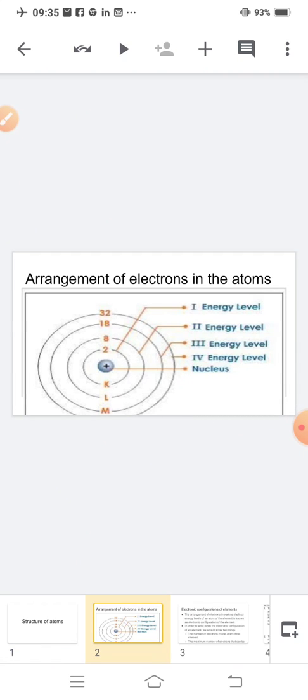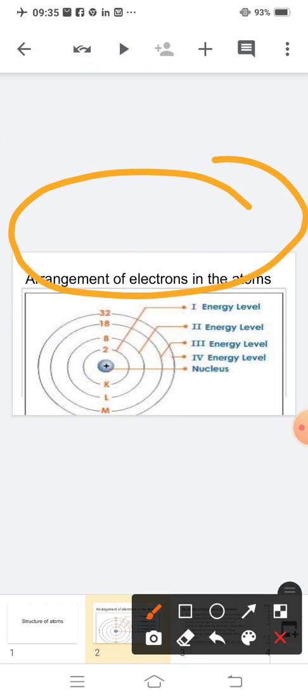So now let us start with today's topic. Today's topic is arrangement of electrons in the atoms. As we all know that electrons are negatively charged. So, the cloud of negative charge is outside the nucleus.